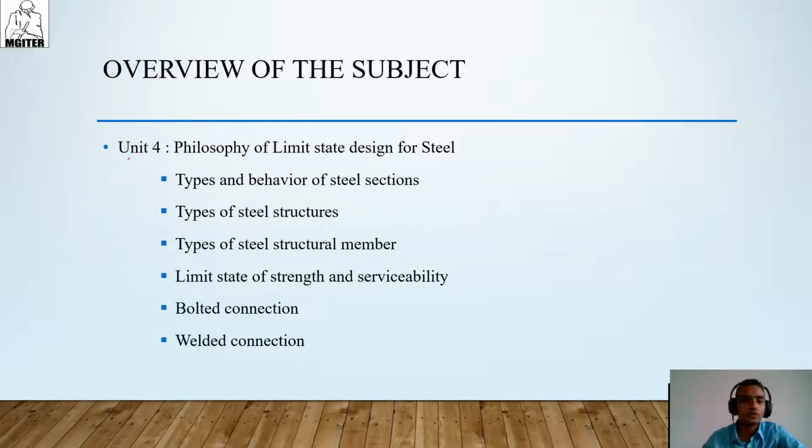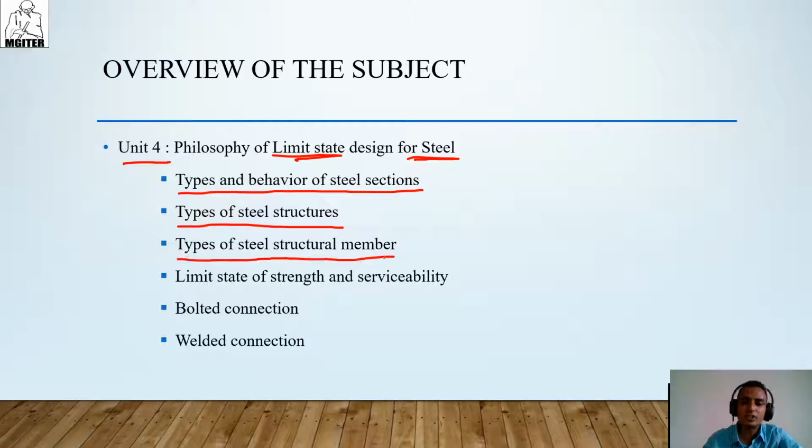Then after that, unit 4, limit state design for steel. While starting the design of steel, we are going to understand the type and behavior of steel sections, types of steel structures, types of steel structural members, limit state of strength and serviceability, then bolted connection and welded connection.